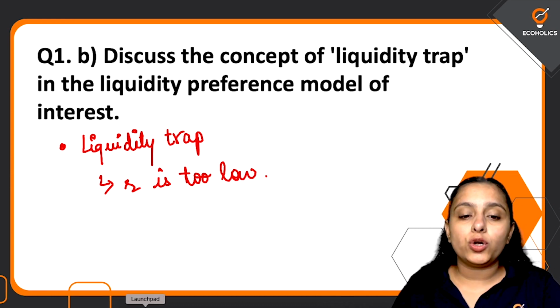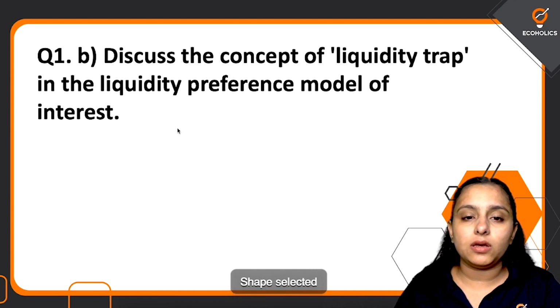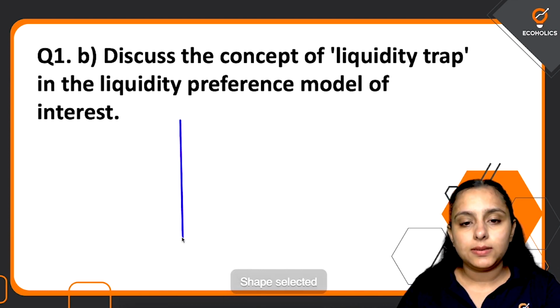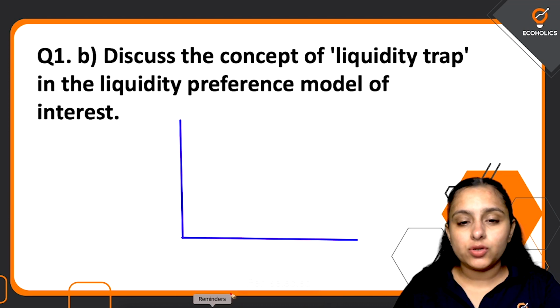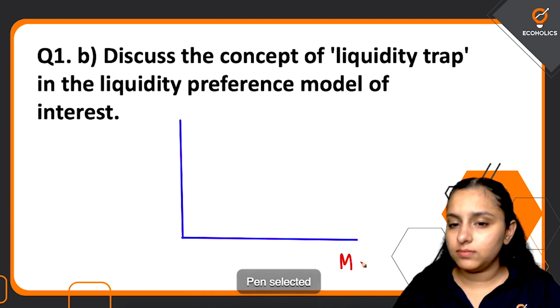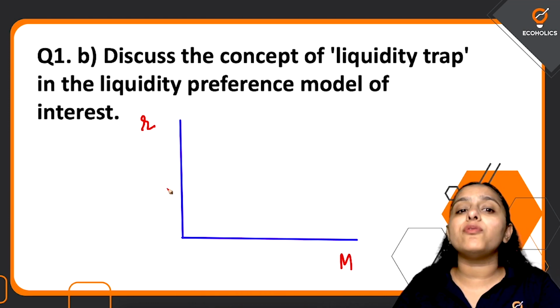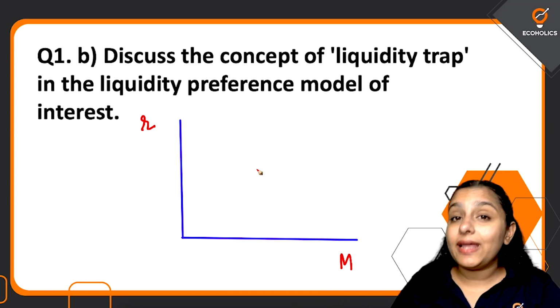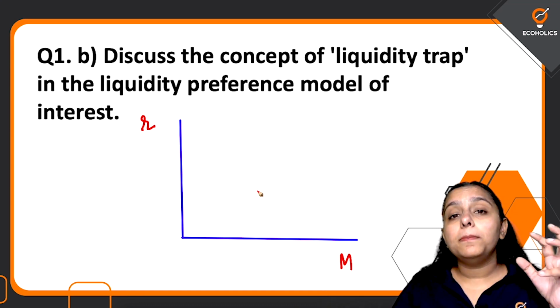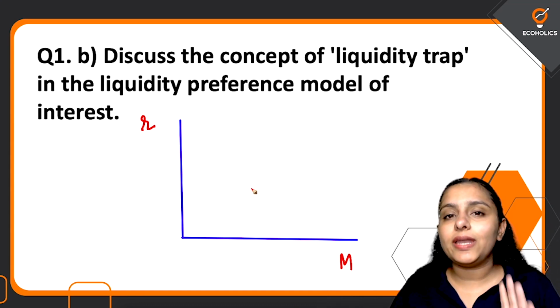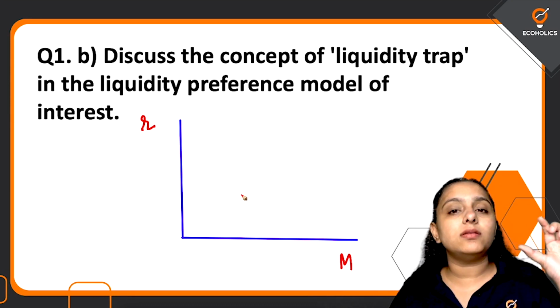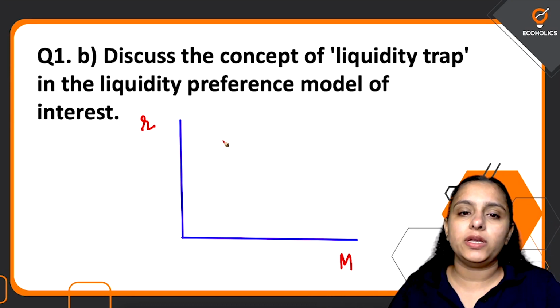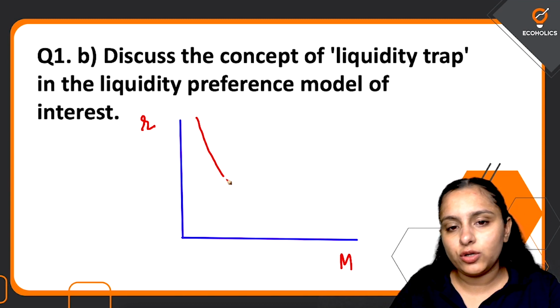So what do we have on the axes? Here I have the money stock, and over here I have the rate of interest. Money demand and the rate of interest have a negative relationship: the higher the interest rate, the lesser my money demand. So it's going to be like this.